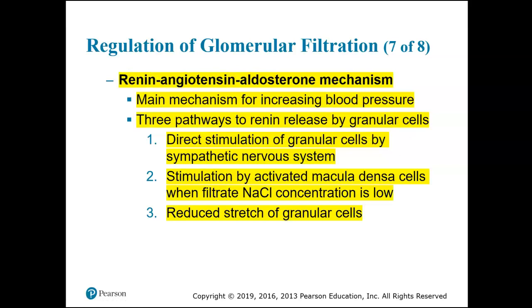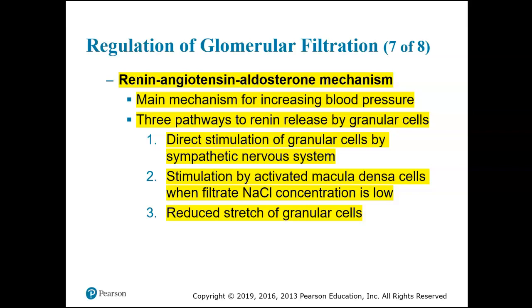Okay. Then we have the renin-angiotensin-aldosterone mechanism. This is the main mechanism for increasing blood pressure. We've mostly been talking about high blood pressure and how to decrease it. But what if the blood pressure is low? So there are three pathways that lead to the release of renin by the granular cells in the kidney. Number one is the direct stimulation of the granular cells by the sympathetic nervous system.